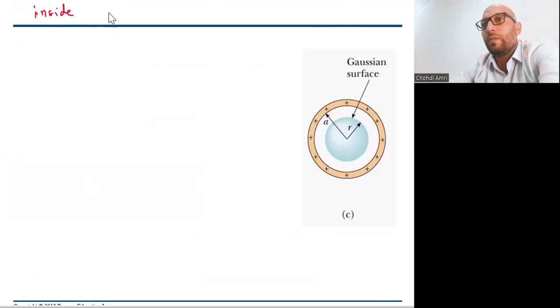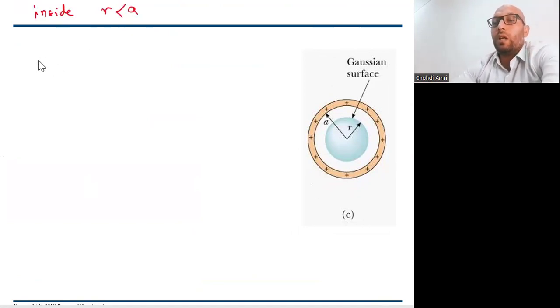Inside, that means the Gaussian surface radius is smaller than the radius of the charged spherical surface. Okay, so the first step, define the Gaussian surface.